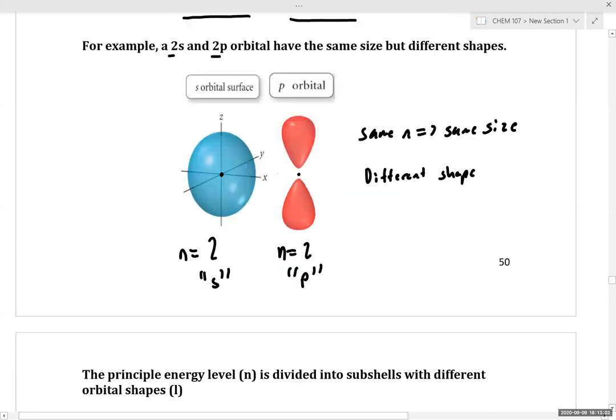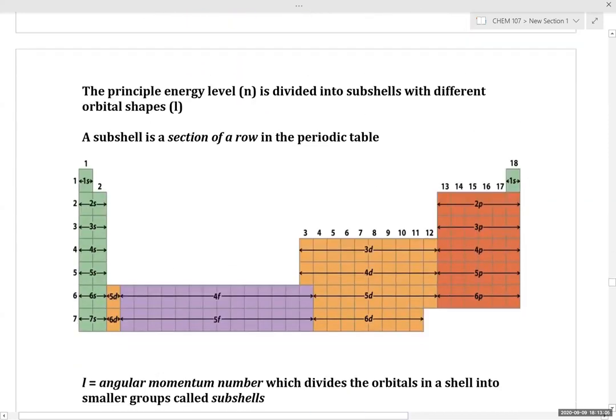Perfect. Now this is really cool. If we look at the periodic table, the periodic table actually perfectly maps onto our quantum model. The principal energy level n: each of our rows would be n equals 1, n equals 2, n equals 3. A shell is a row in the periodic table. Each shell is divided into subshells.